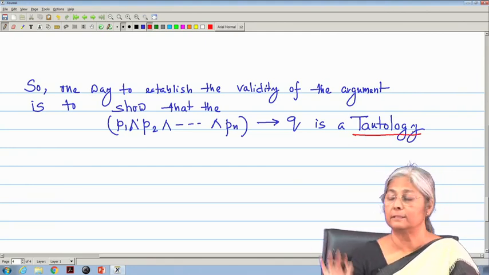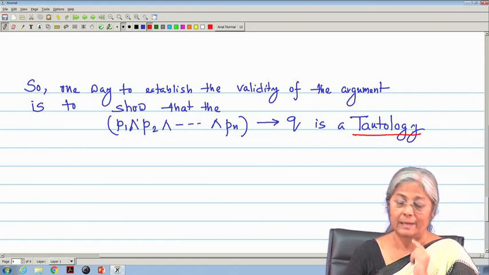Then we can tell that it is a valid statement.